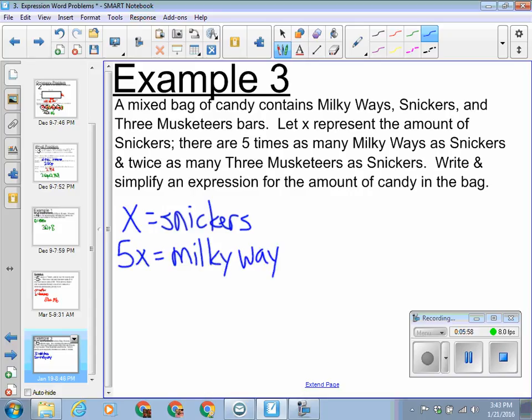And then there's 2 times as many Three Musketeers as Snickers. So 2X would be the Three Musketeers. If you're not quite sure about that, take a second and soak that in, pause the video, look at the problem, look at the variable definitions. And if you see that, we should be good to go.